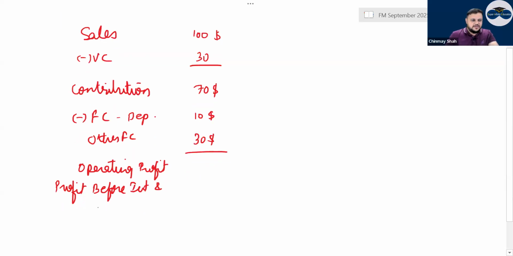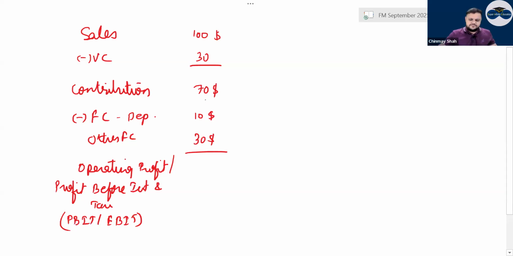It is also called earnings before interest and tax, EBIT. PBIT or EBIT, correct? Any problem with PBIT or EBIT? Sir, but operating profit means what?